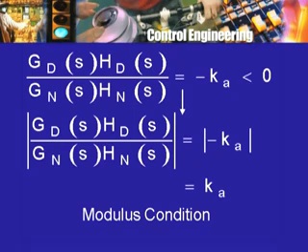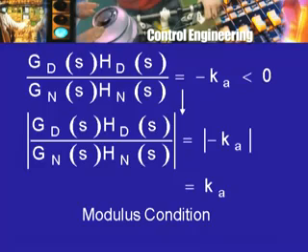Remember, Ka was positive. So this is called the modulus condition, and it can be used to calculate Ka for a given S, if that S is on the root locus. So if the point S is on the root locus, then we can use this to calculate the value of the gain Ka to which it corresponds, and there is a geometric interpretation of this which we will come to soon.